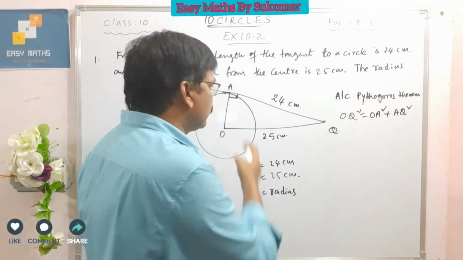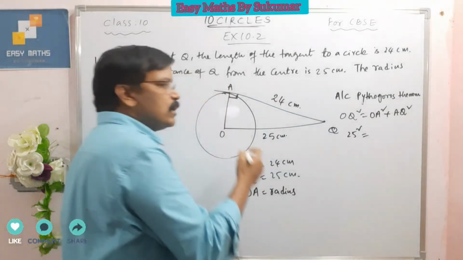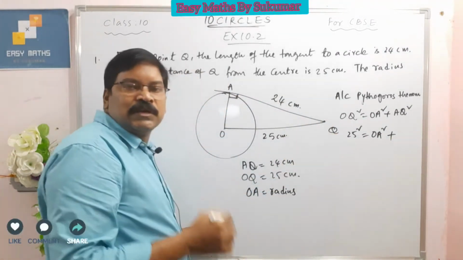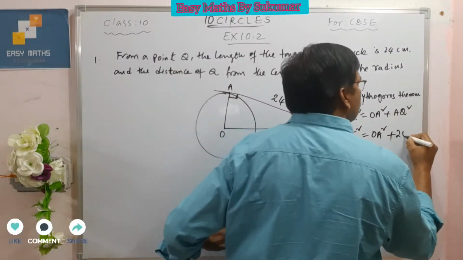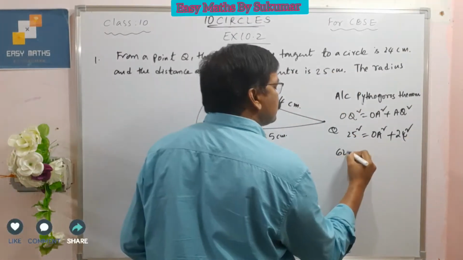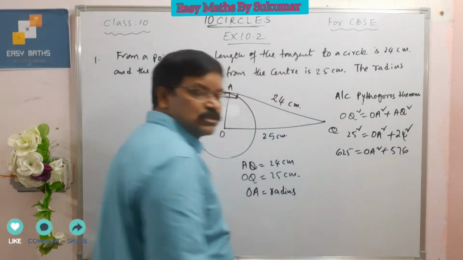So we know OQ is 25 square. It is equal to OA square, where OA is the radius of the circle, plus AQ square, where AQ is the length of the tangent, that is 24 square. So 25 square means 625 is equal to OA square plus 576.